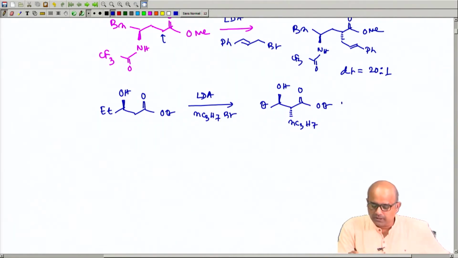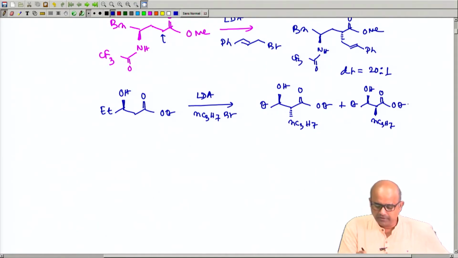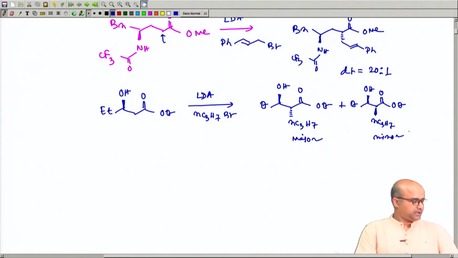The other product, which is the minor one or the other diastereomer, will have a very low ratio. So, how can you explain these things? In this case you will find the steric factor is definitely a matter, but the hydroxy group is there. So, the hydroxy group might be playing some role.